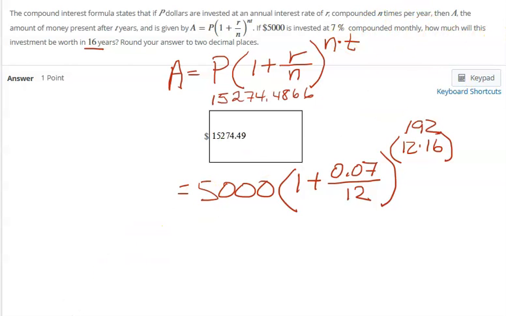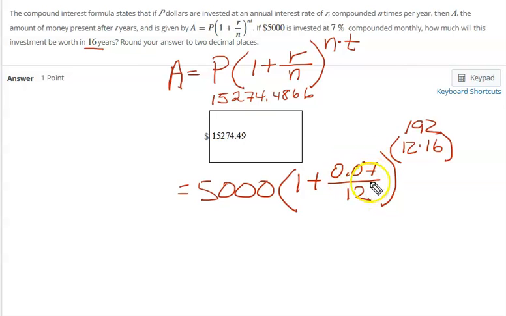Now, for something like this, you need a protocol to put it carefully into your calculator. So my suggestion would be you start internally here and take 0.07 divided by 12.